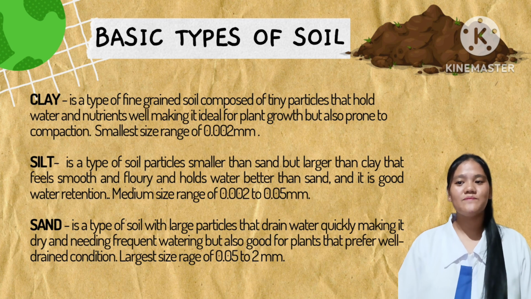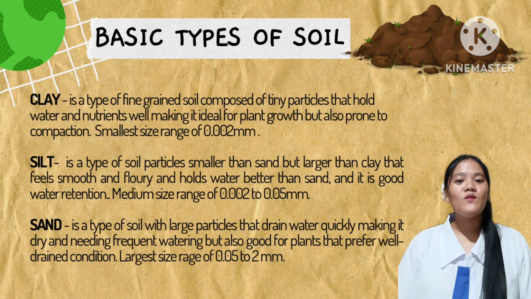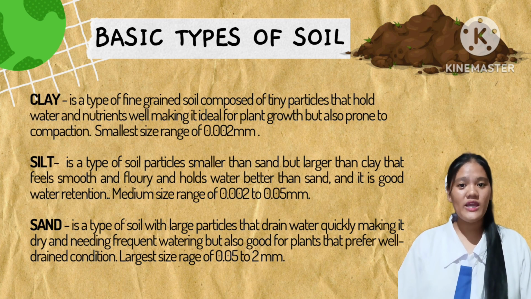Next, silt. Silt is a type of soil particle smaller than sand but larger than clay. It feels smooth and flowy and holds water better than sand, and it is good in water retention. It has a medium-sized range of 0.002 to 0.05 millimeter.